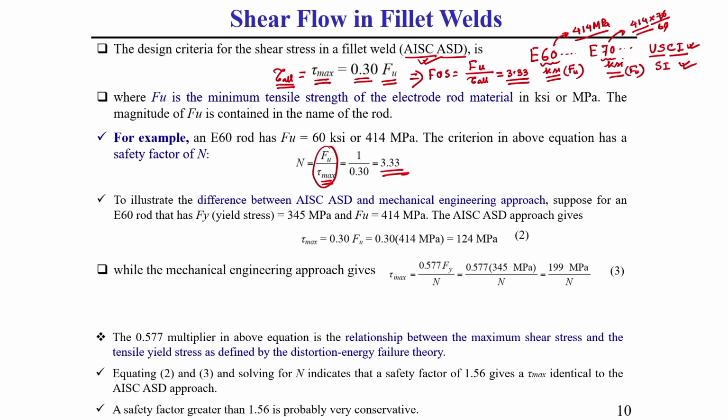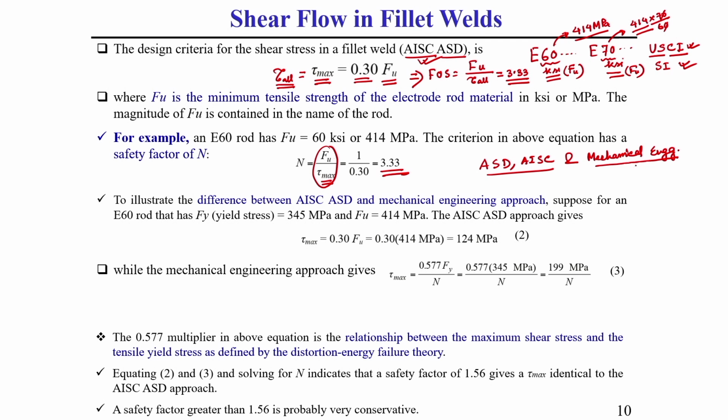Now, what happens here, I am comparing the difference between the AISC ASD standard and our mechanical engineering design standard. Generally in mechanical engineering, we find out the tau max value based on some yield criteria, correct.